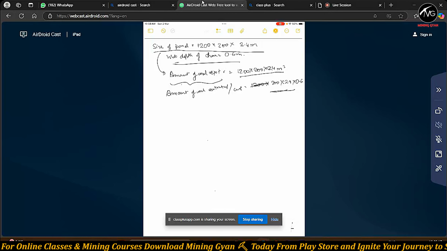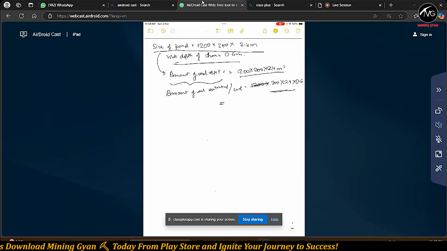This is the amount of coal that needs to be extracted in one cut. That is around 48 into 6.